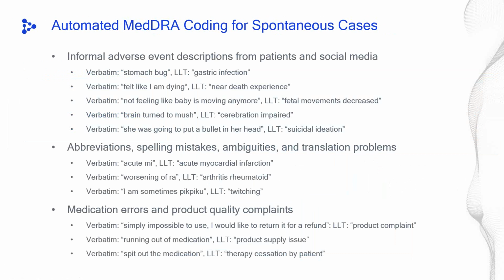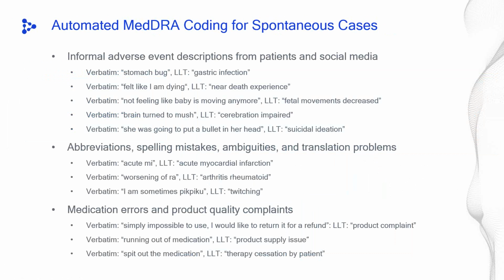And similarly, there will be abbreviations used, spelling mistakes, ambiguities. The language itself is very informal, so there will be a lot of ambiguity. On top of it, they come from all over the world. So the local language has to be translated to the global system's language, typically English. So those translation errors also become a problem.